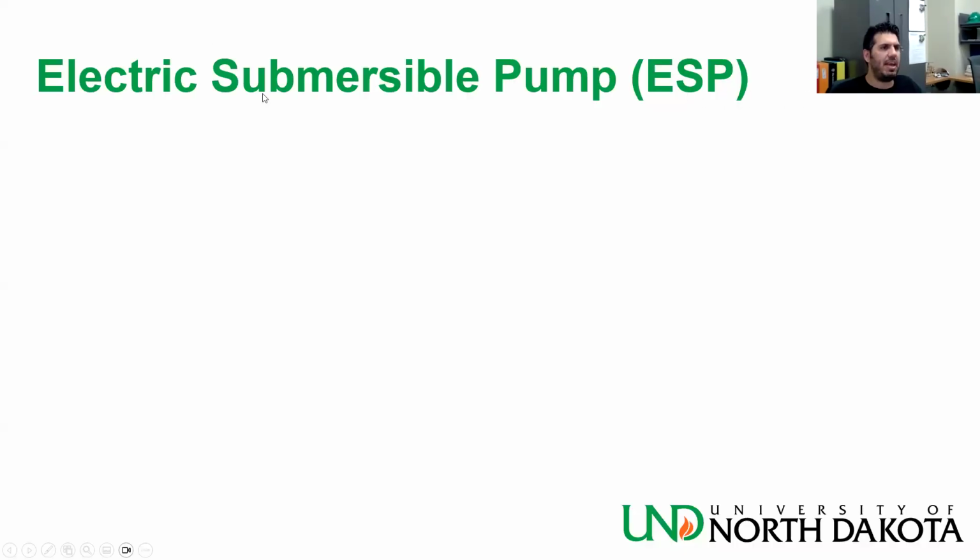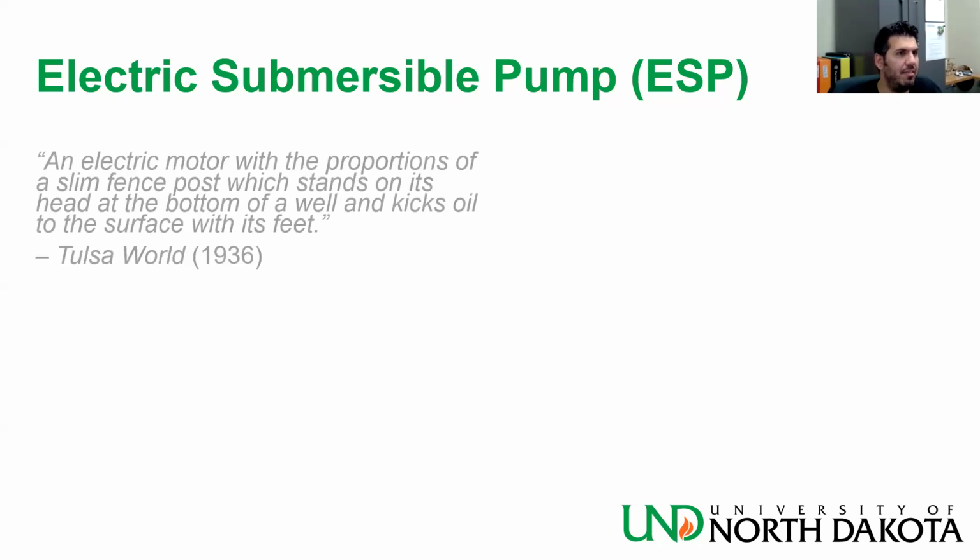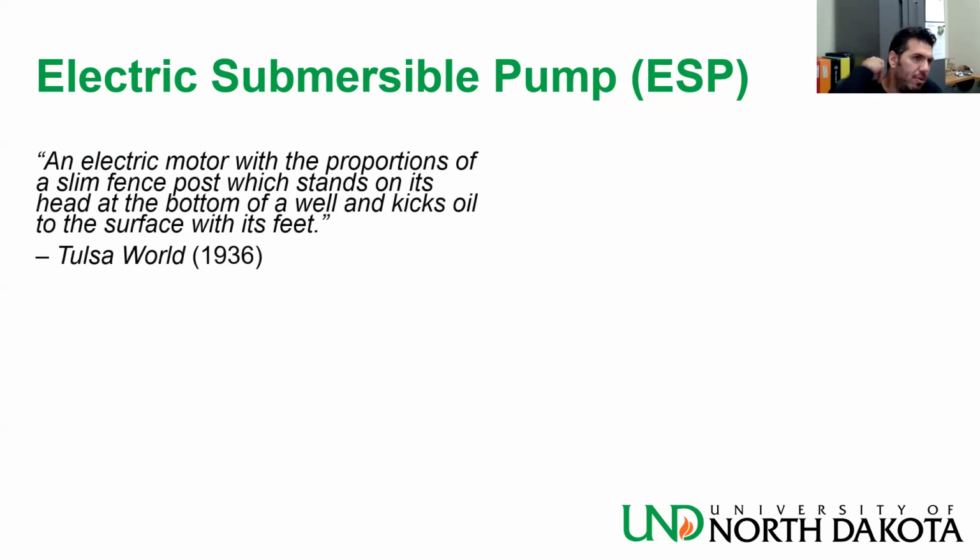It was invented by a Russian-born person who moved to America later in his life. It's an electric motor with the proportions of a slim fence post, which stands on its head at the bottom of the well and kicks oil to the surface with its feet.